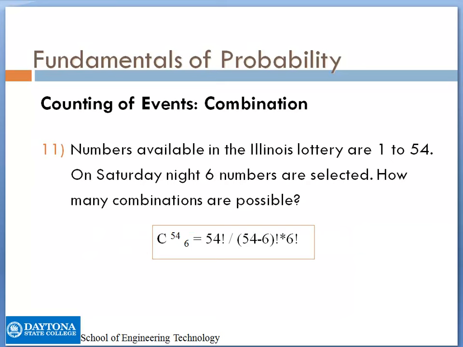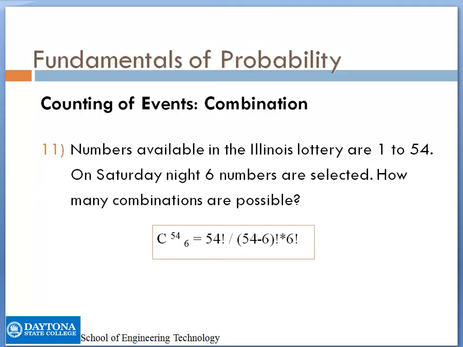Counting of events rules: combination. Numbers available in the Illinois lottery are 1 to 54. On Saturday night, 6 numbers are selected. How many combinations are possible? This is when the order does not matter, because what you want is those 6 numbers. It doesn't matter what order.